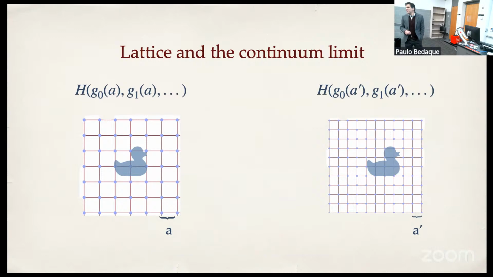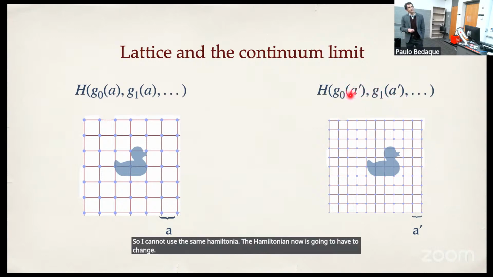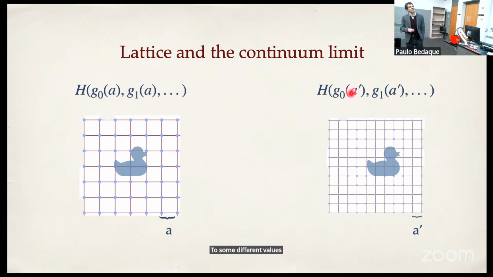So I cannot use the same Hamiltonian. The Hamiltonian is going to have to change to different values, in such a way that the duck it produces is 4 lattice spacings wide instead of 2.